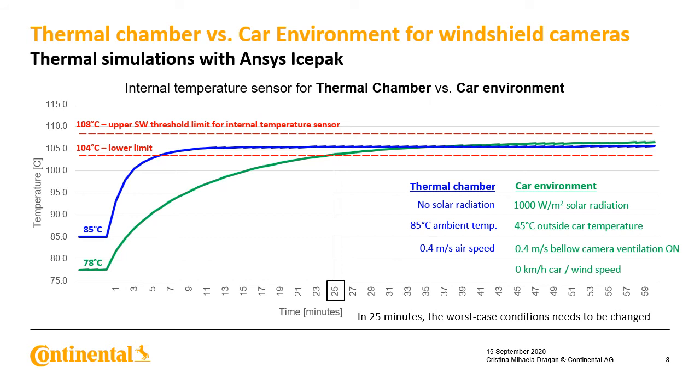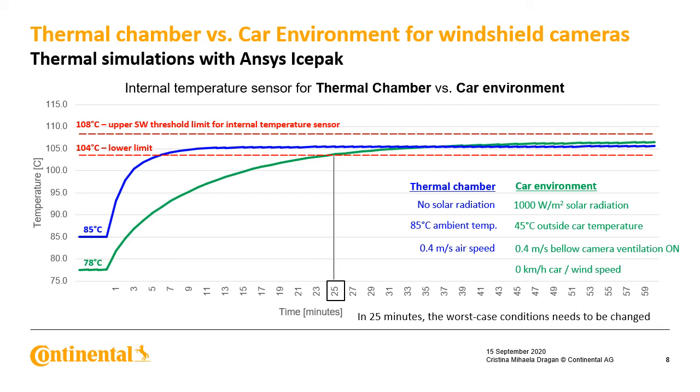The intersection with the lower limits shows that the camera might enter protection mode. It depends, of course, on the tolerance of the internal temperature sensor. An intersection with the upper limit would mean that for sure the camera will enter protection mode.